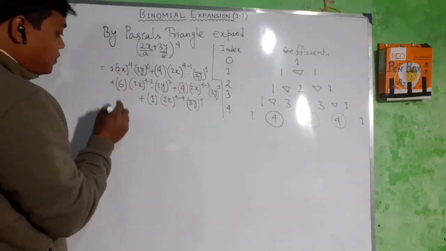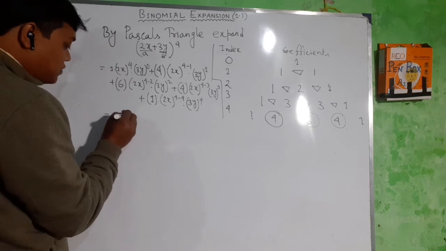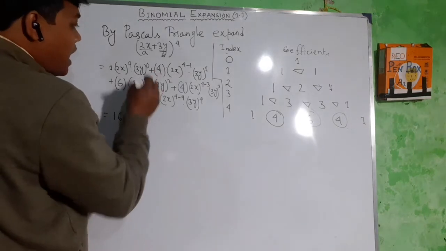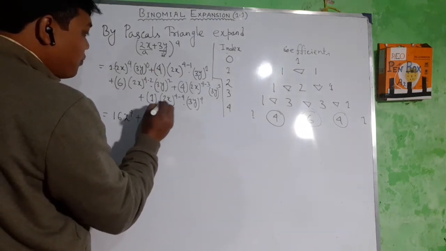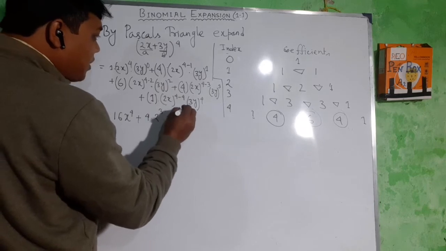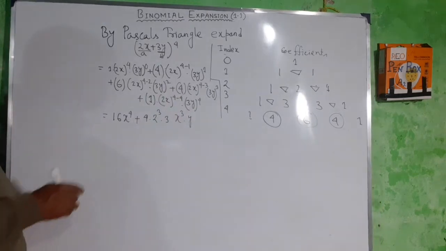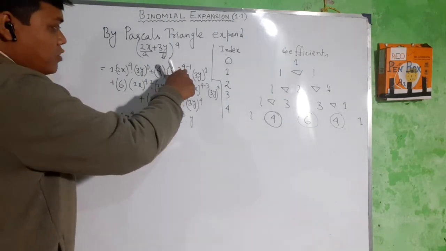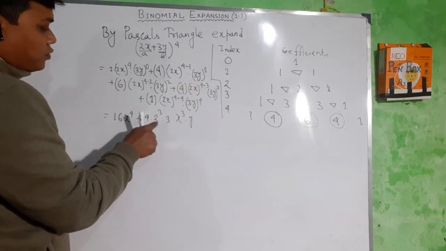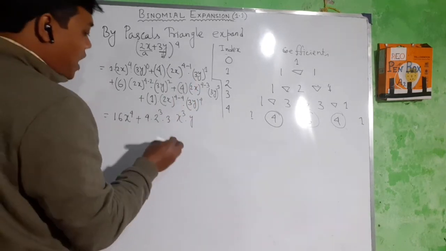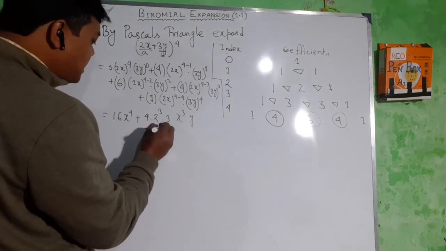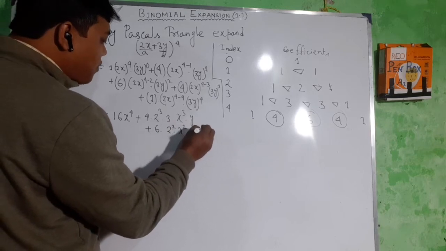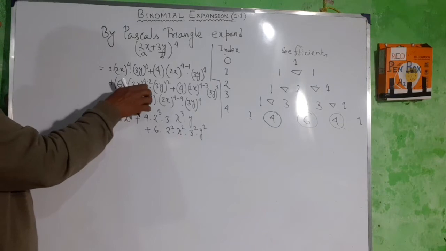So 2x whole to the power 4, that means 2 to the power 4, that is 16x to the power 4, and 3y whole to the power 0 gives you 1. And the second term is 4 into 2 to the power cube into 3 into x cube into y, since 2x whole to the power 3. Plus 6 into 2 square into x square and 3 square into y square, because 4 minus 2 is 2.